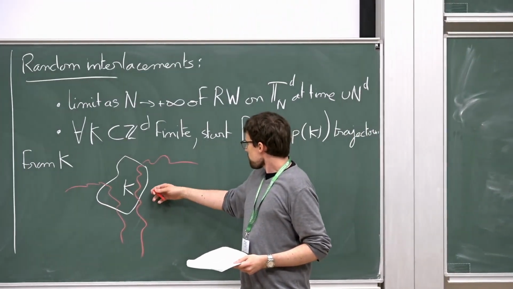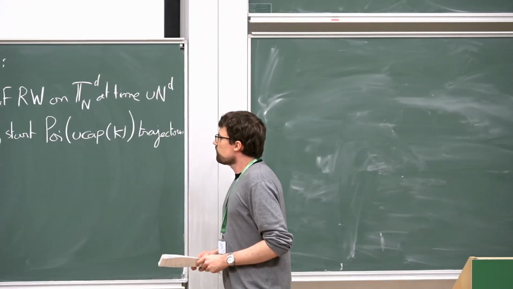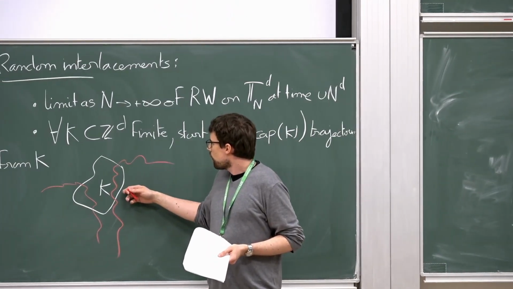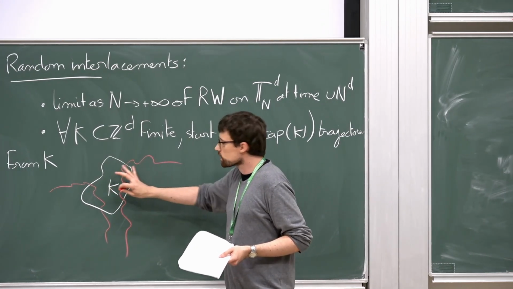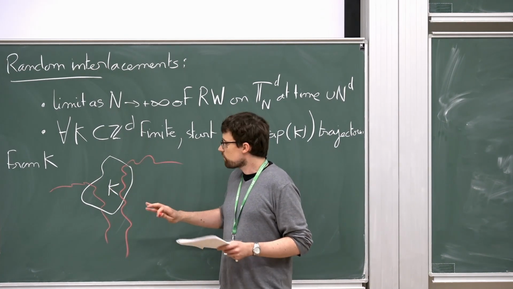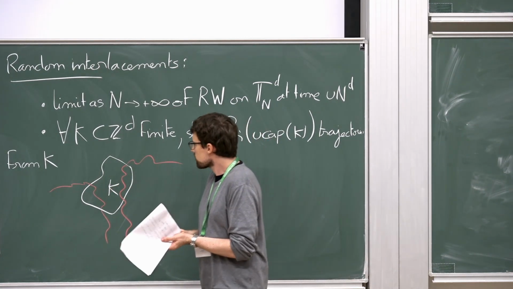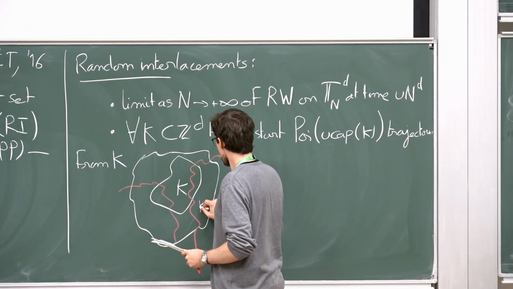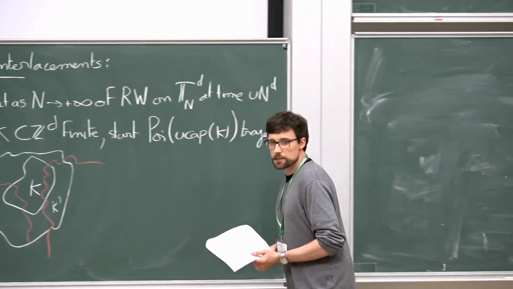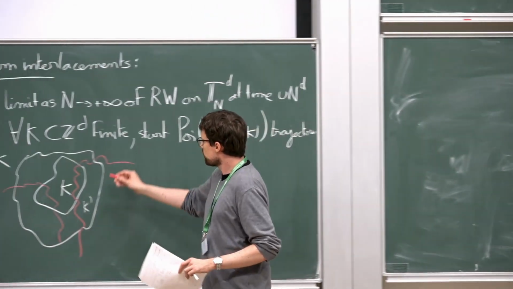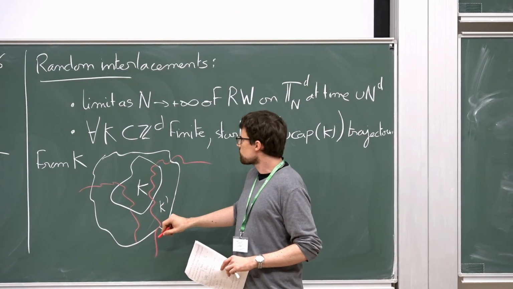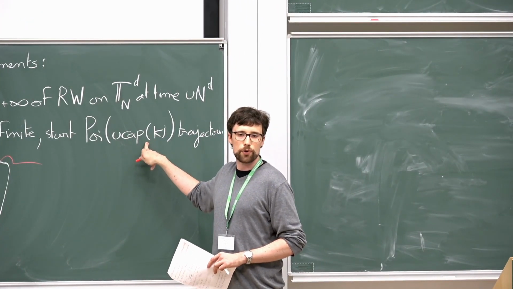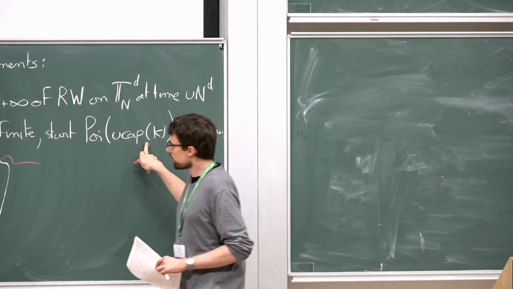Right. Now I've somehow only defined my interlacement on my set K. I'm not saying what exactly they're doing outside of K, but there is a consistent way of doing that, so that if you take another set, let's say K prime, then the random interlacement on K prime is exactly the random interlacement on K, but you need to add a few more trajectories, because the capacity of K prime will be bigger, so maybe your Poisson will be bigger if you couple them correctly.